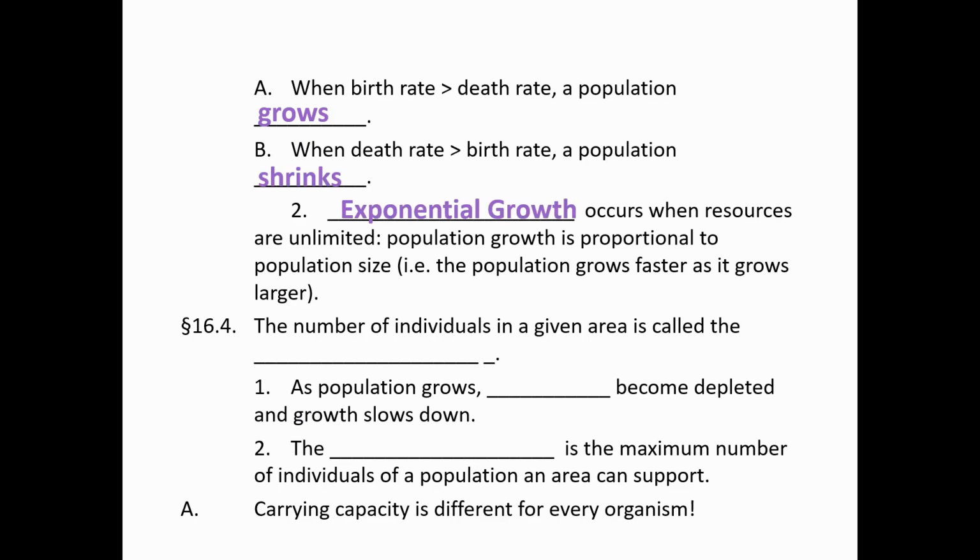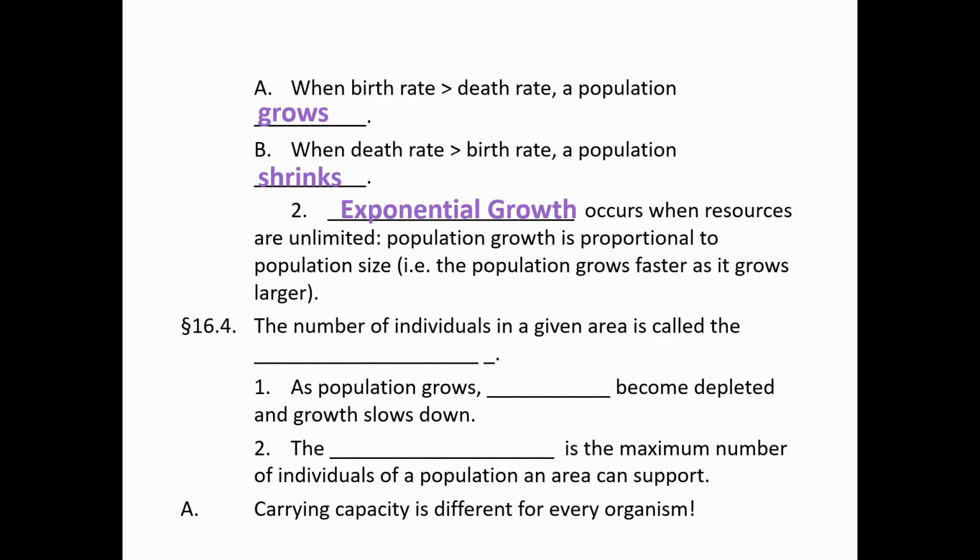Now, exponential growth is a type of growth that can occur when resources are unlimited. It's important to note that we don't really truly have unlimited resources, but if a population is in the phase where they have well over the number of resources they need to support their population, they can experience what's called exponential growth, which is basically an explosion of growth.